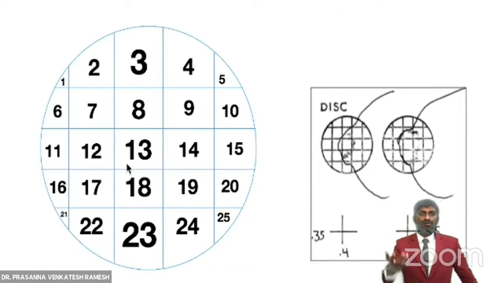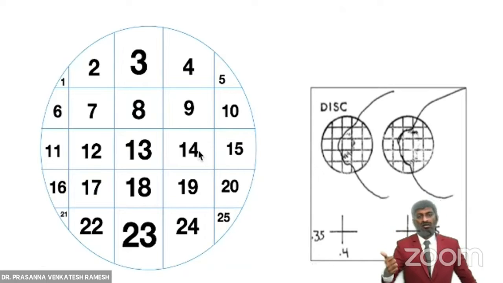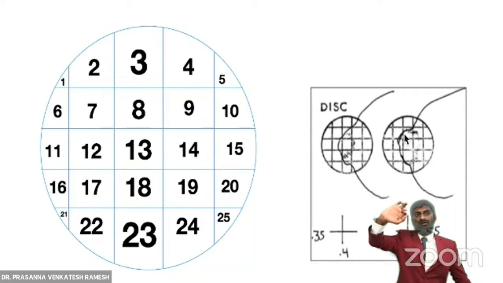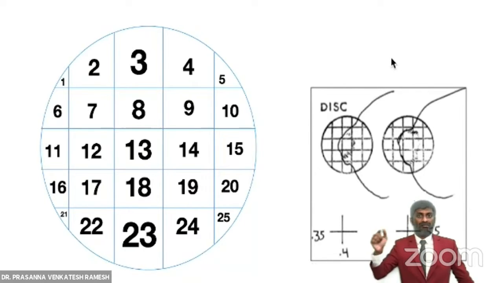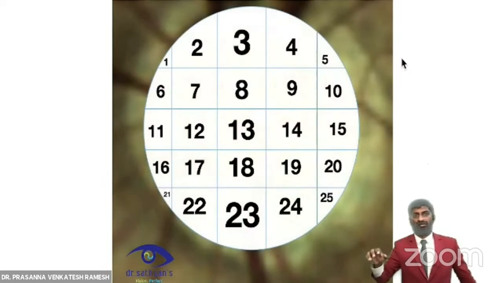So in our artificial intelligence technology tool, we thought of incorporating this particular tool where we can divide the disc into 25 parts, so that we can easily assess the progression, because during the follow-up we can make note of all the 25 aspects. For example, on the right hand side, you can see this particular vessel which has gone deeper into the cup. That is how we can pick up the changes very easily by dividing the disc into 25 parts and applying these tools on the particular optic nerve disc.